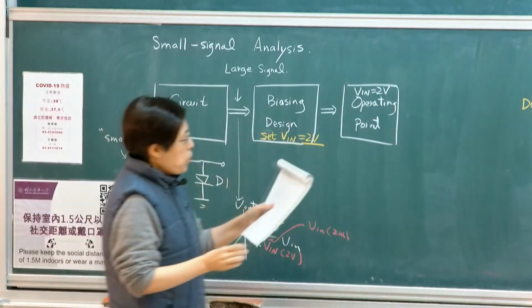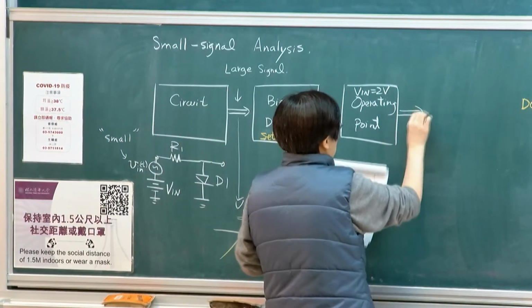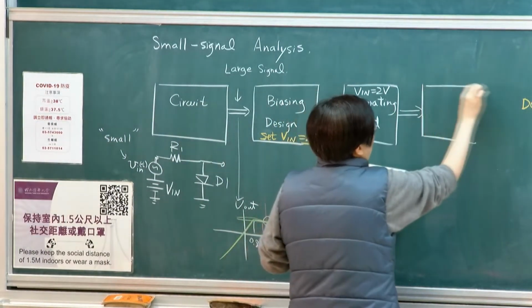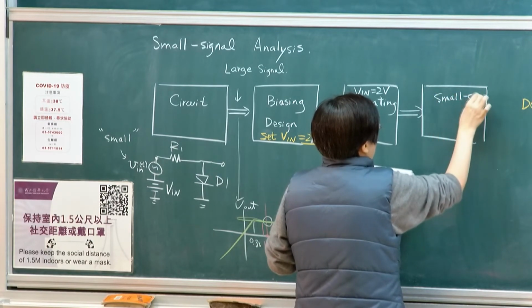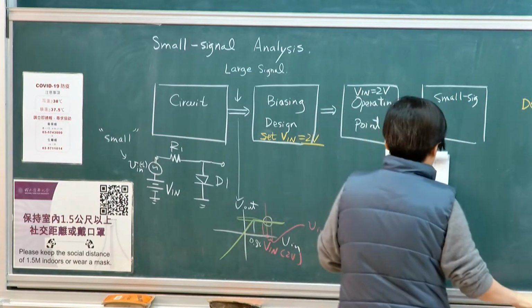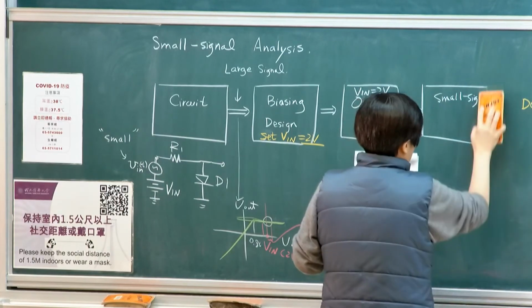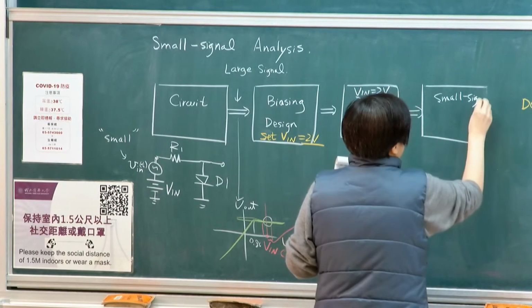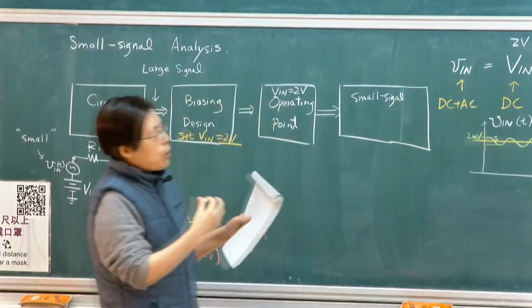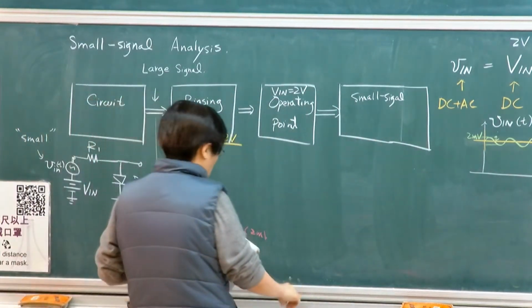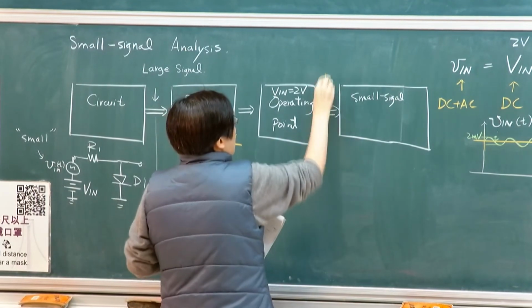So when it's at this point, what we do is that we then go to the next step, called the small signal model. We already have the small signal model.